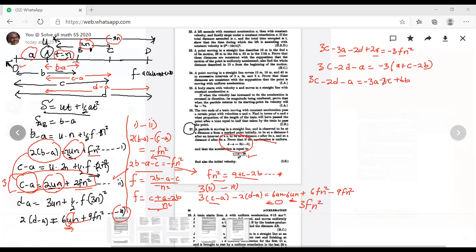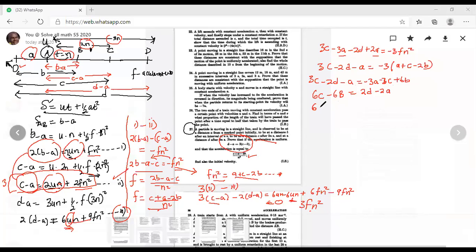When the b comes over, let me see. This c gives me 6c minus 6b is going to give me 2d minus 2a.